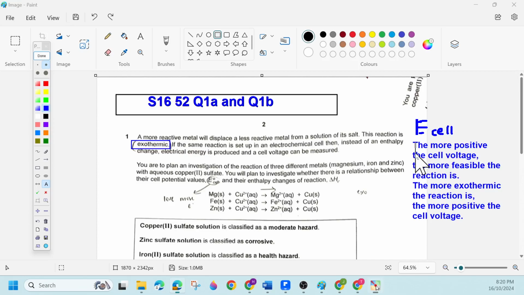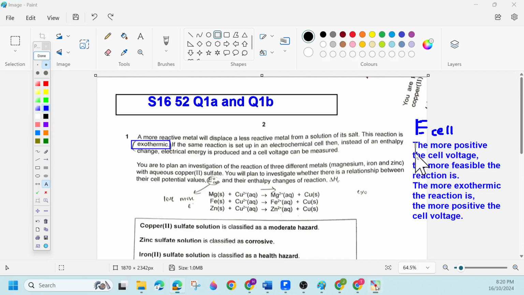So think about it. The more reactive it is, the more exothermic it becomes. But now, since they put it in an electrochemical cell, the more reactive it is, the more cell voltage you produce, the more positive the cell voltage.